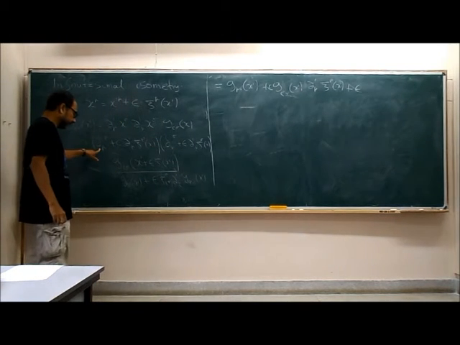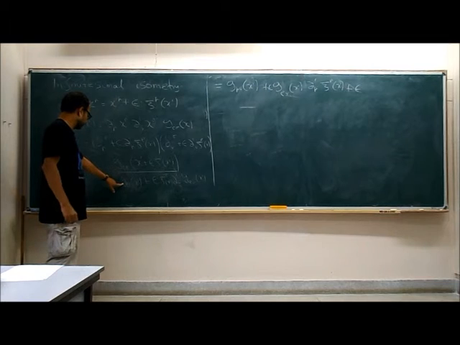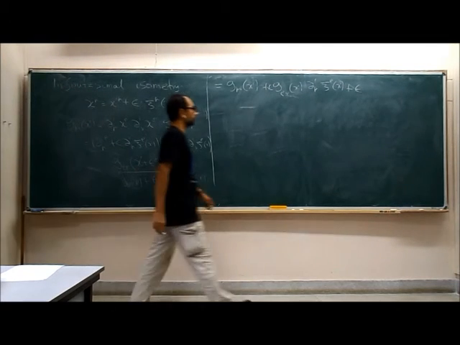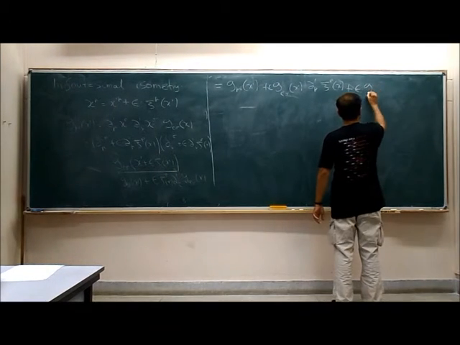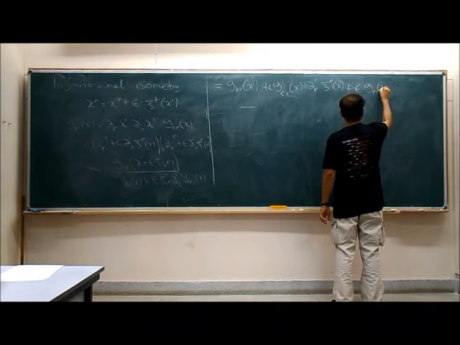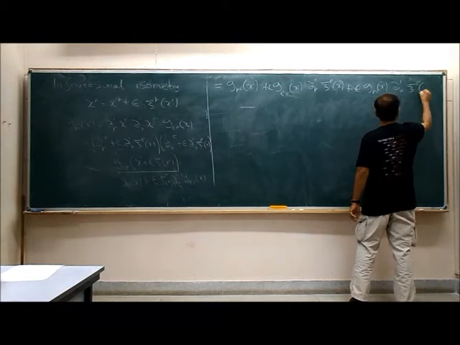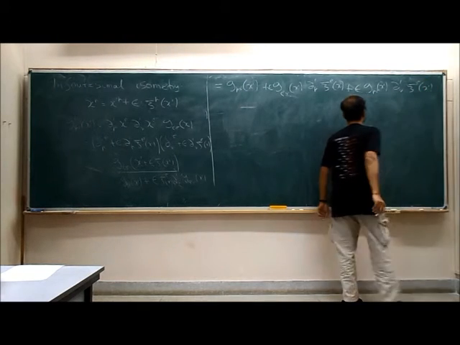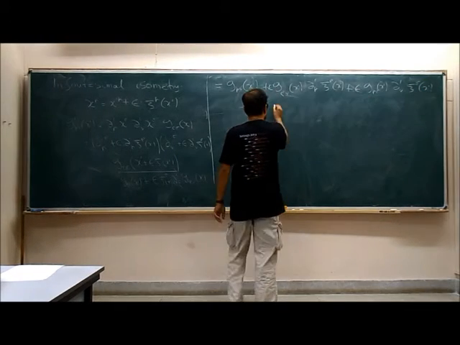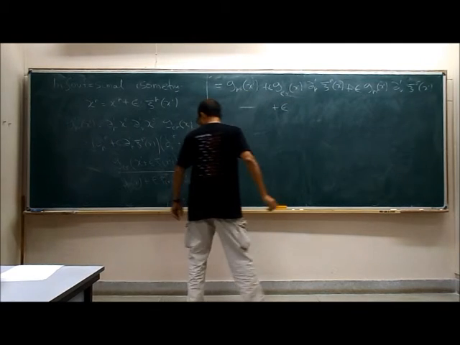This essentially makes this into g_μσ ∂'_ν ξ^σ. Plus epsilon.